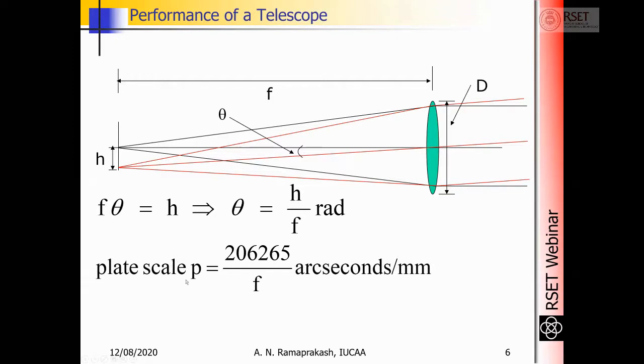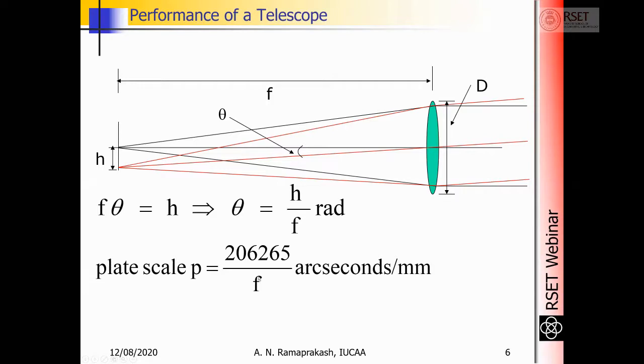And you can easily demonstrate that this expression is 206,265 by f arc seconds per millimeter, where the number in the numerator is the number of arc seconds in 1 radian. Because this expression is in radians, to translate that into arc seconds, you need to multiply by this factor. Otherwise, it is just 1 by f radians per millimeter.